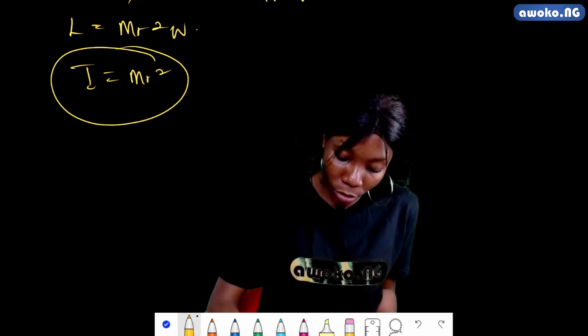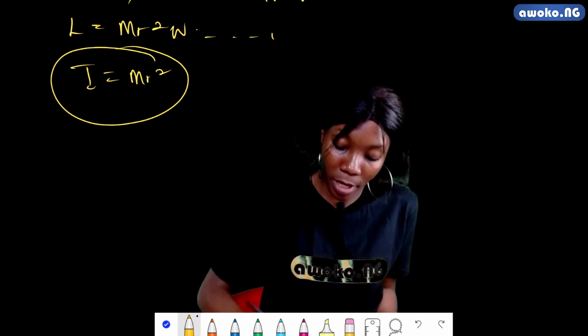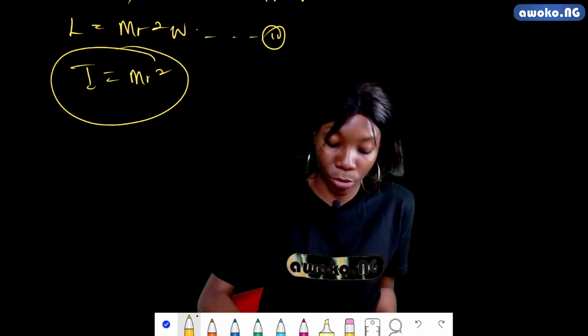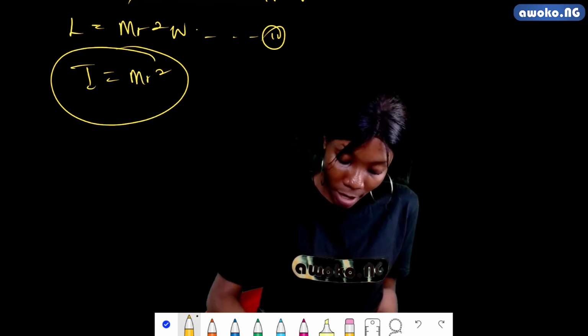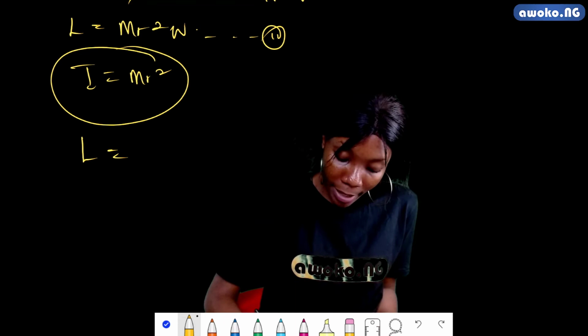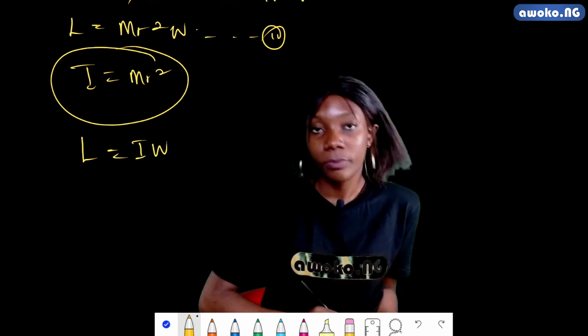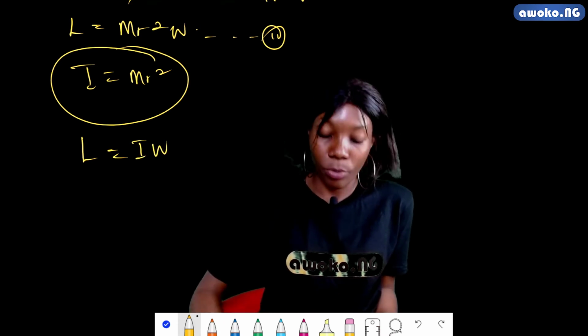Let's call this equation 2. If we substitute it into equation 2, we get another relation, L equals I omega, right? So that is that.